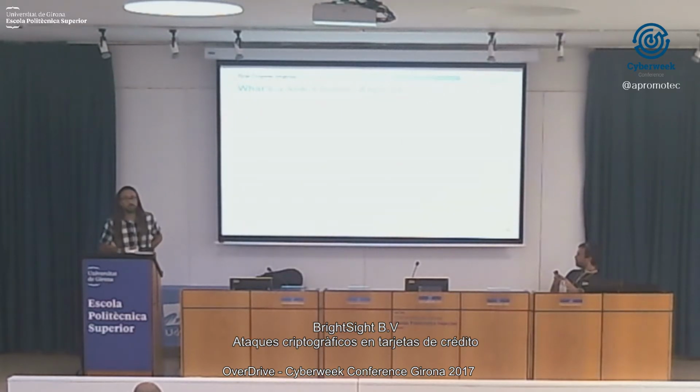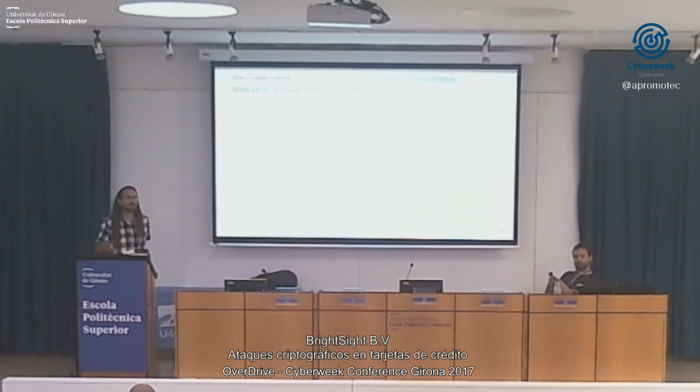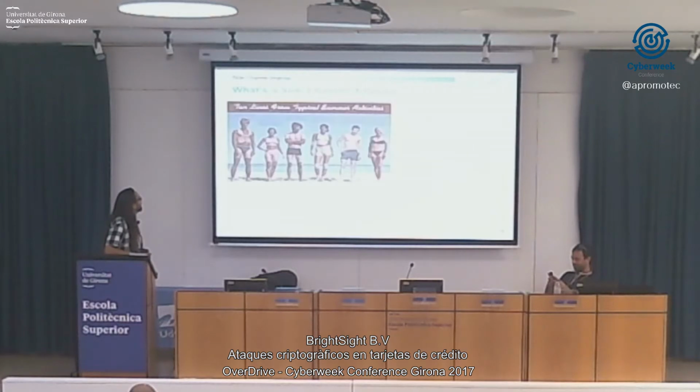So, does anyone know what side channel analysis is? Just asking. Okay, side channel analysis tries to recover information from non-direct information that can be obtained by observing something. In this case, it's just an example.